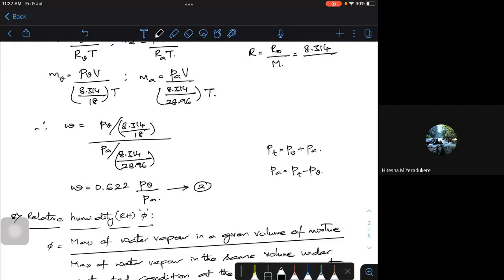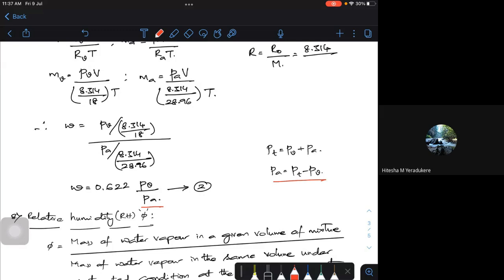So I can substitute for PA in this equation. So what will it be? 0.66 times 0.622 times P, that is PV, the pressure of the vapor, divided by total pressure minus your vapor pressure. That means I'm trying to write everything in terms of total pressure and your vapor pressures.